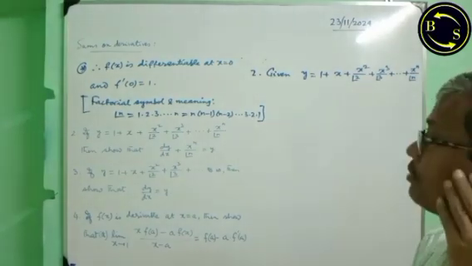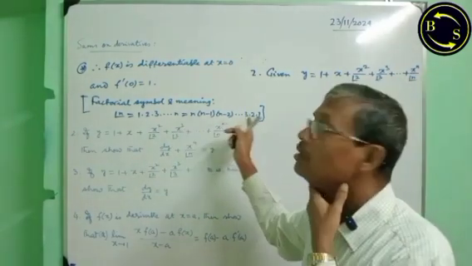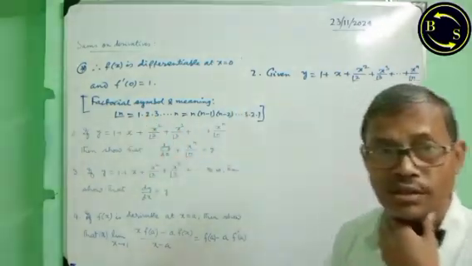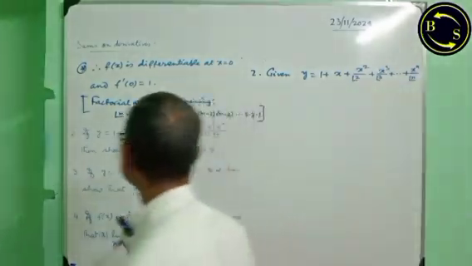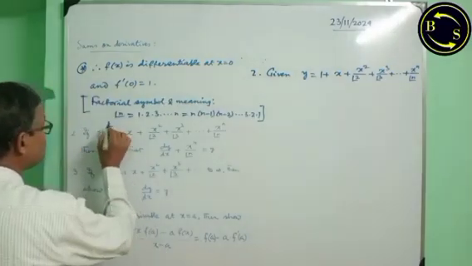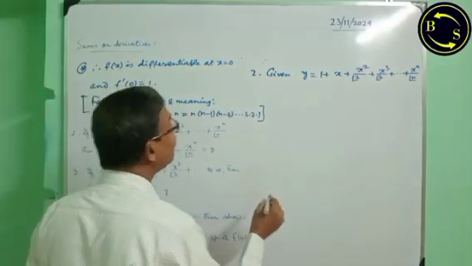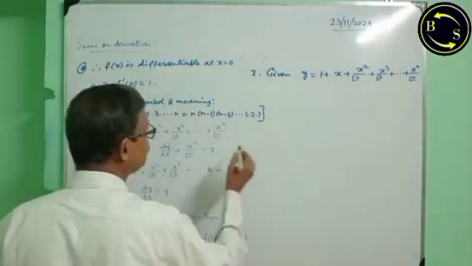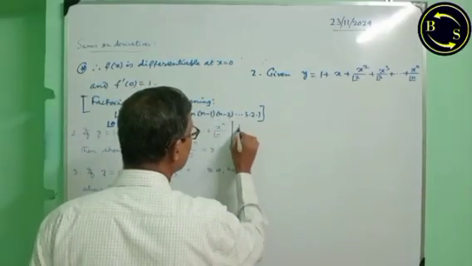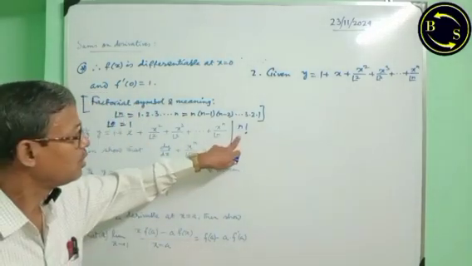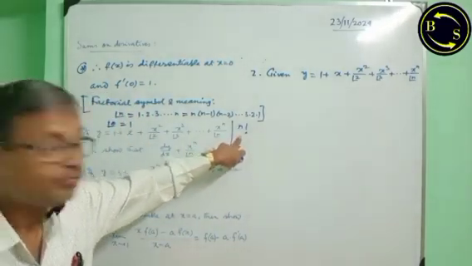Actually, in case of natural numbers, we take this definition also. By definition, factorial 0. The other symbol of factorial is n factorial, also written by this symbol.